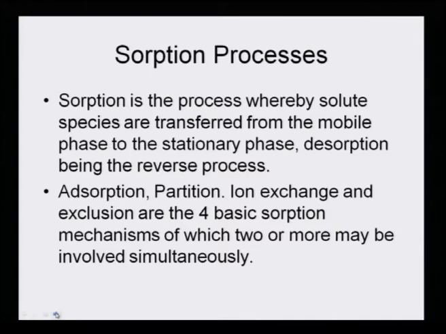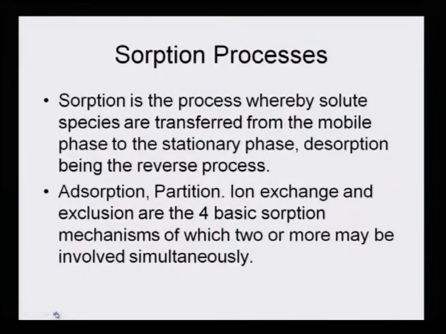In this whole process, what is the sorption process? The sorption process is the process whereby solute species are transferred from the mobile phase to the stationary phase, and then desorption is the reverse process.